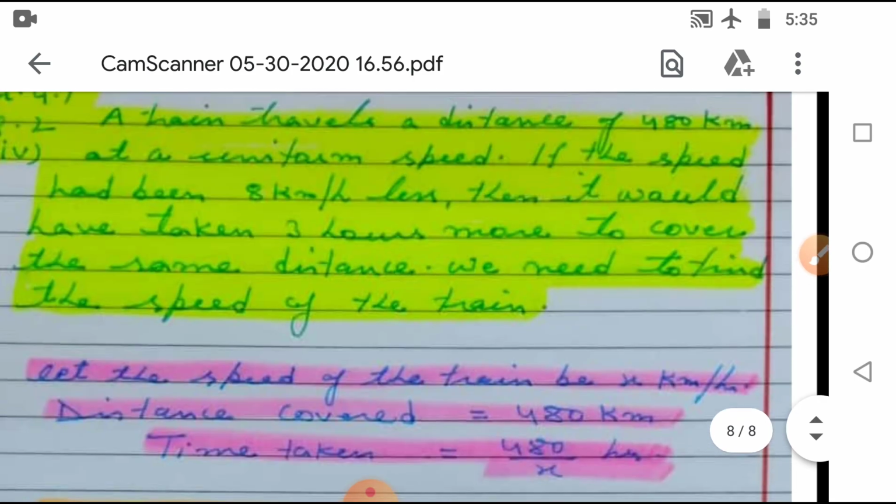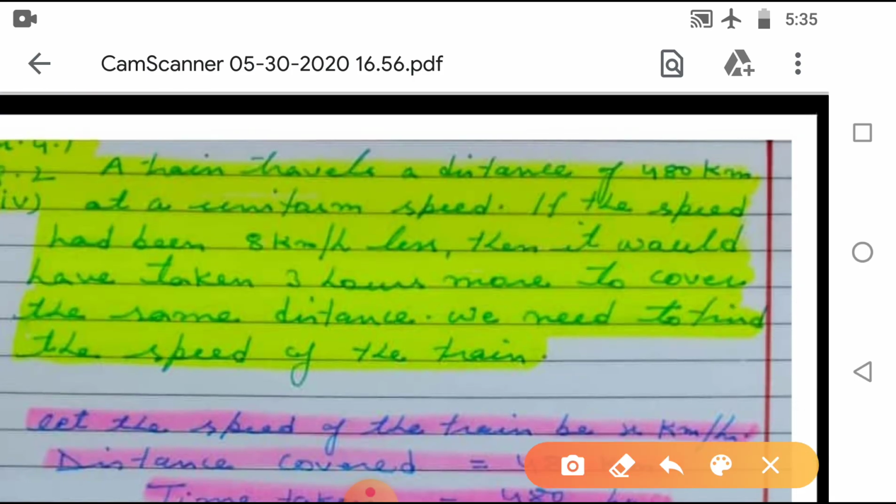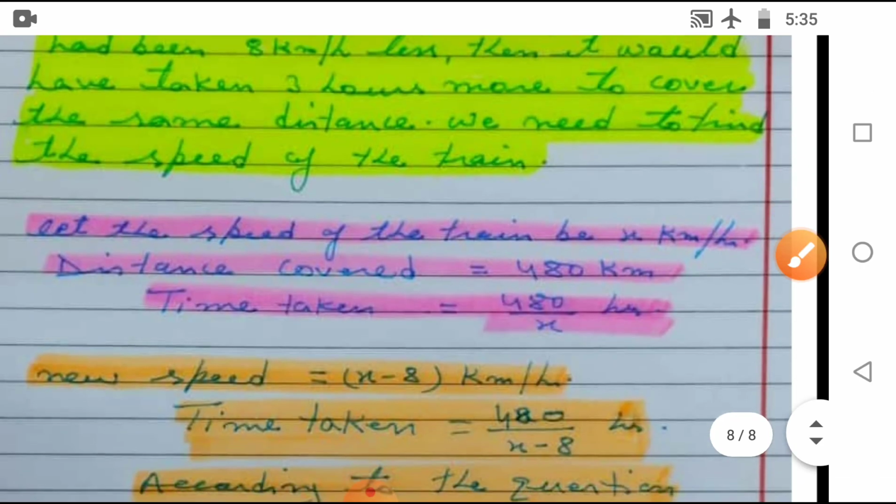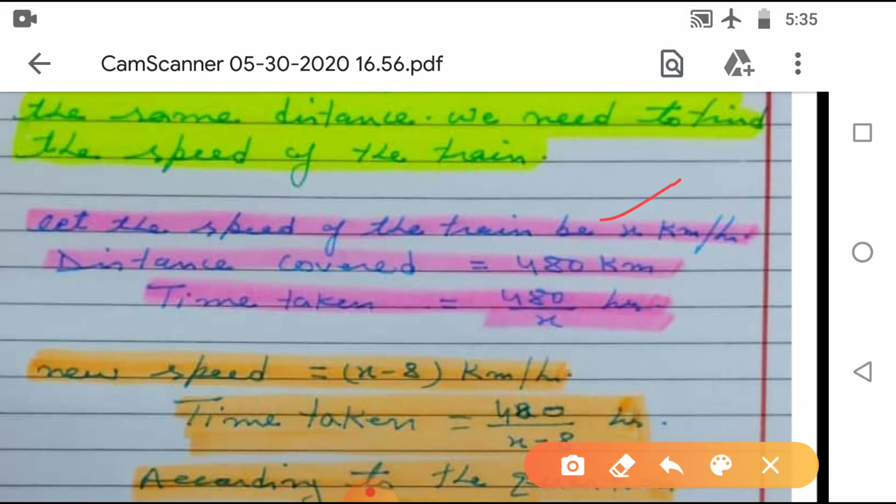So, the question was simple: a train travels a distance of 480 kilometers at uniform speed. If the speed had been 8 kilometers per hour less, the time is 3 hours more. Normal speed is x, normal time is distance upon speed, that is 480/x hours.